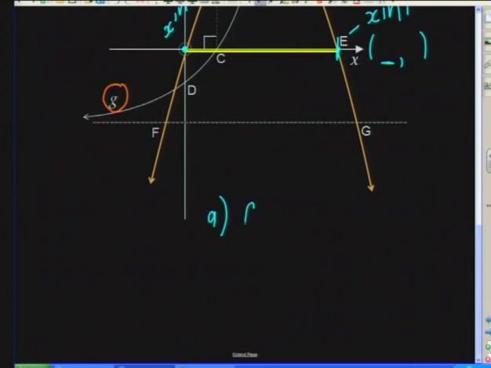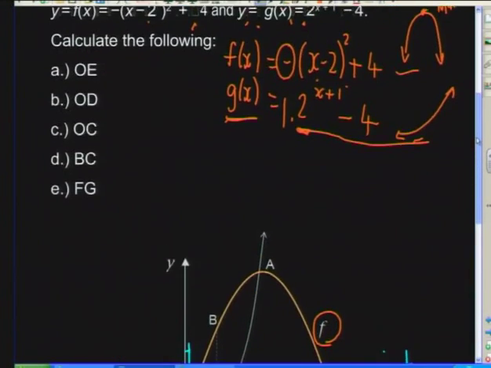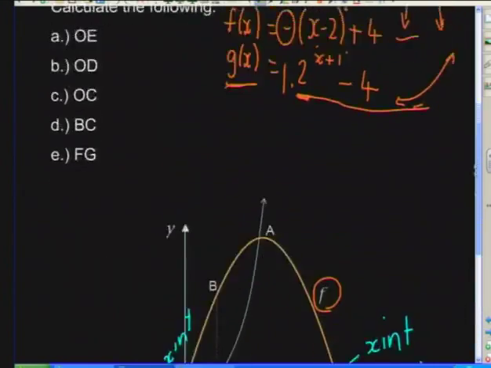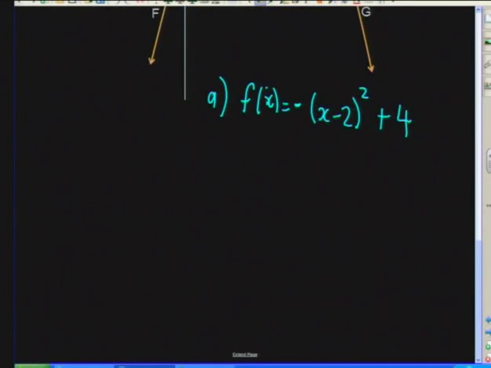So we're going to use f of x is equal to negative, let's just get that equation back. It was negative (x minus 2) squared plus 4. All right. How do you find x-intercepts?